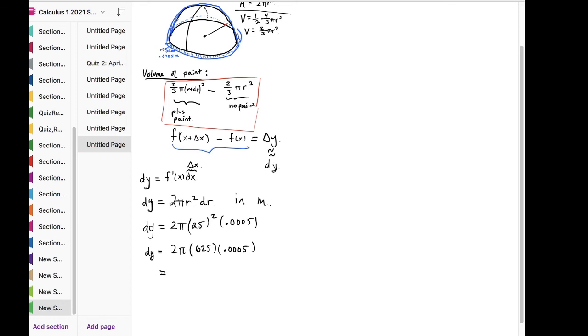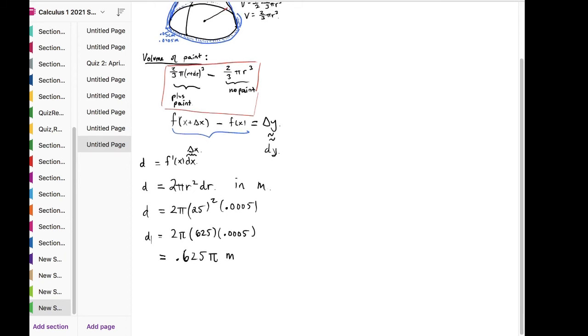So this y was really v, right? .625 pi, which is 1.9634 meters cubed. So remember, we changed to meters, so this makes a bit more sense. It would be a lot more if it was centimeters. Okay, so that would be the estimation.